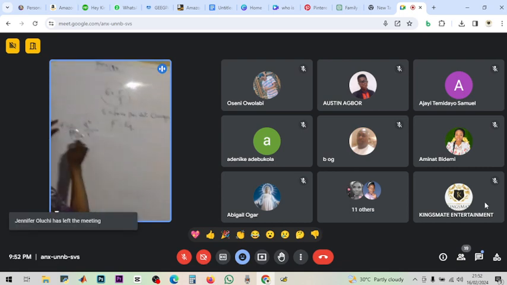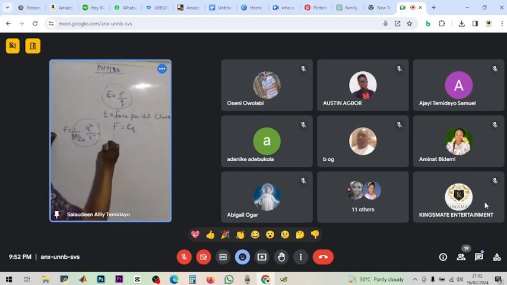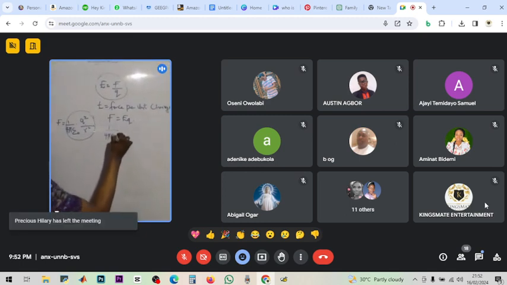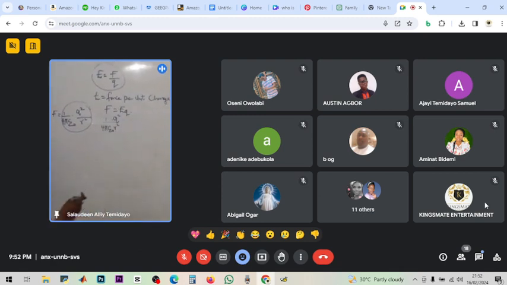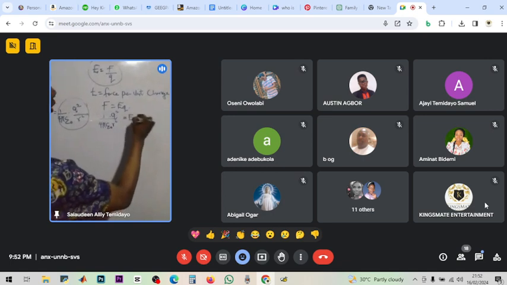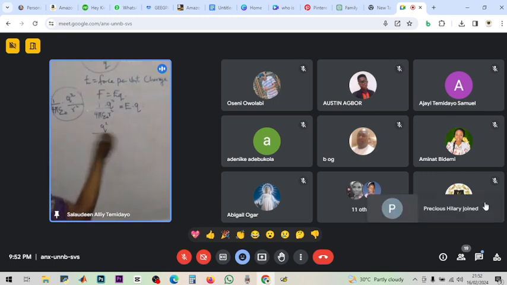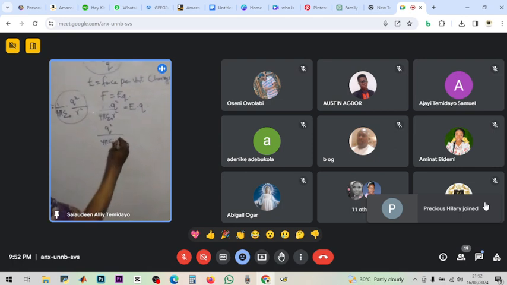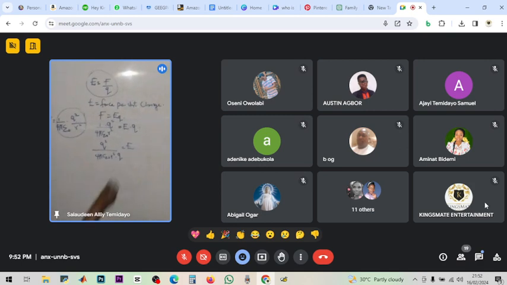So now let us use this whole thing to represent F in this equation. So 1 over 4 pi epsilon naught R squared times Q squared equals E times Q. I'm looking for the value of E. To find E, I will divide both sides by Q. So I'll have Q squared over 4 pi epsilon naught R squared Q equals E. This is just how the formula is derived.